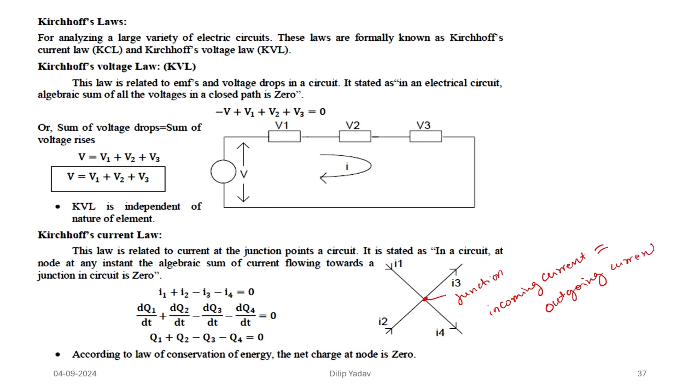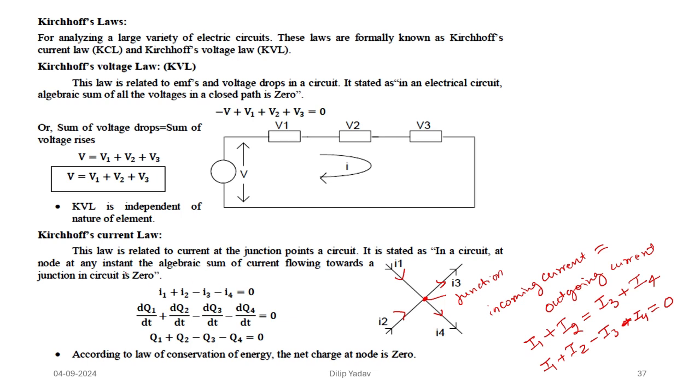The incoming currents were I1 plus I2, and the outgoing currents we have taken as I3 plus I4. We can write it as I1 plus I2 minus I3 minus I4 equal to 0. That means the incoming current at a junction will be equal to the outgoing current. So this is how we represent it.